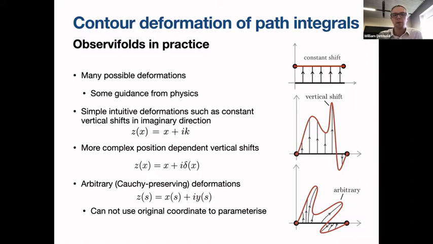We can also have more complex position-dependent shifts where, if I'm integrating originally over x, I define z of x is just x plus a complex part, an imaginary part that depends on x. And so this just corresponds to a vertical shift at every point of my contour. And I can also do more general things. But we won't need to do that for today.